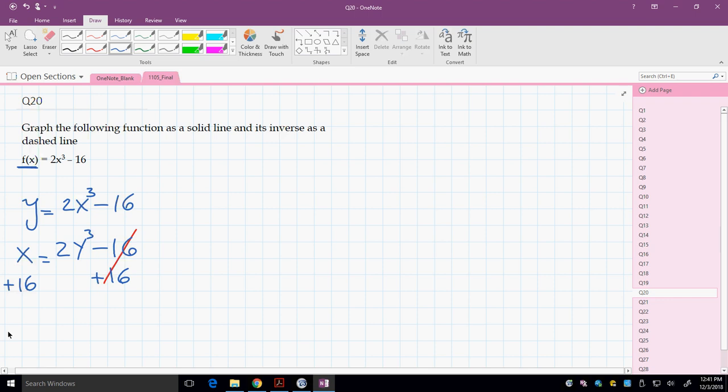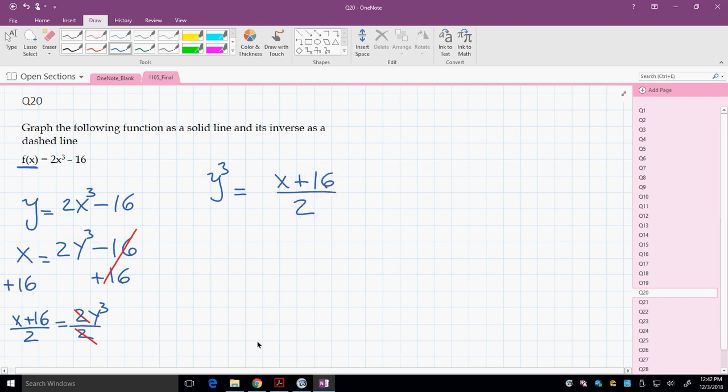Now we have x plus 16 equals 2y cubed. Now we're going to divide by 2 both sides. 2 cancel. Now we have y cubed is equal to x plus 16 all over 2.